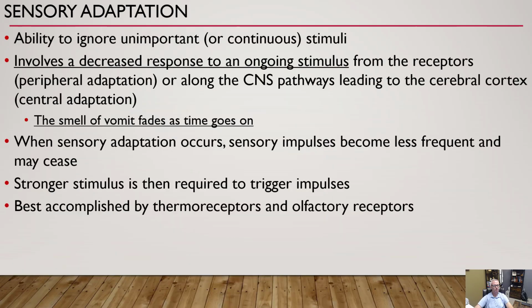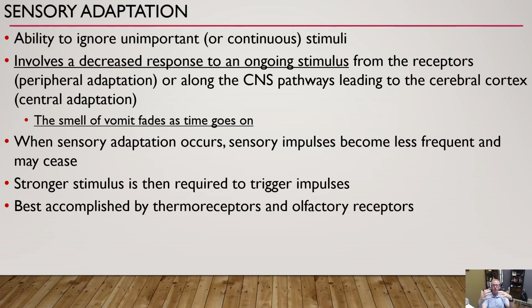All right. So sensory adaptation. Remember I said that sometimes we get used to things. It's the ability to ignore unimportant or continuous stimuli. So we see a lot of things every day, but we don't necessarily recognize everything that we see.